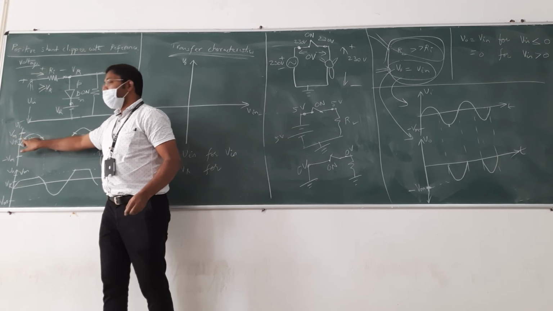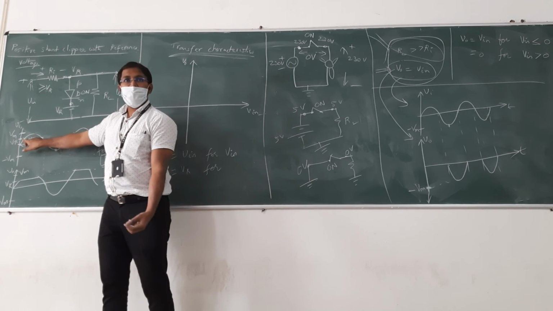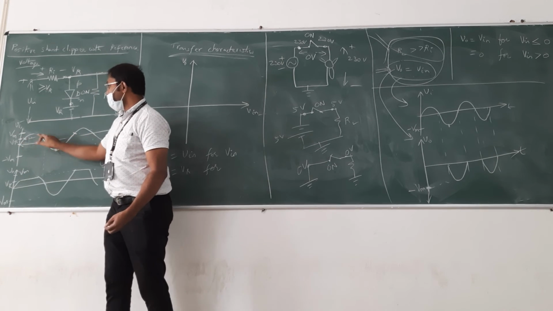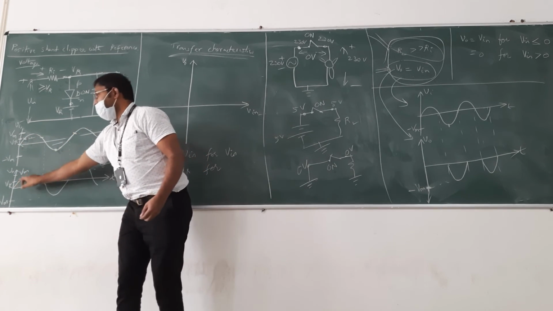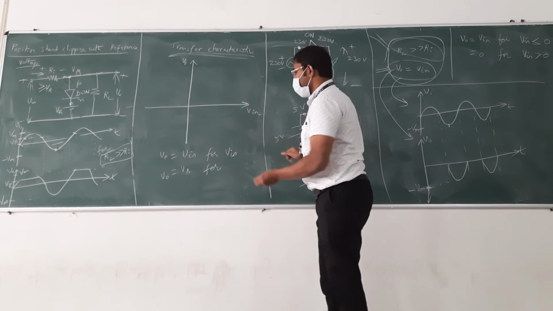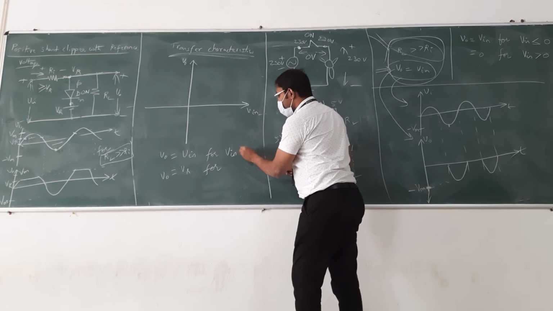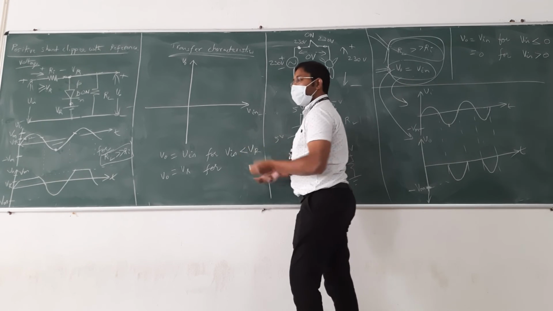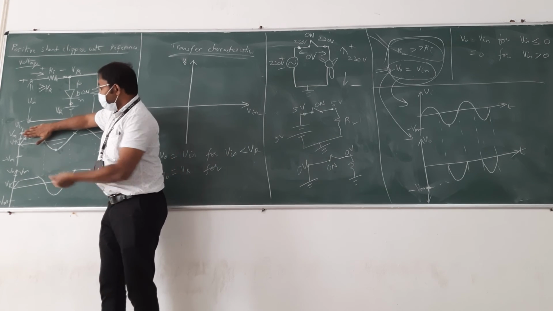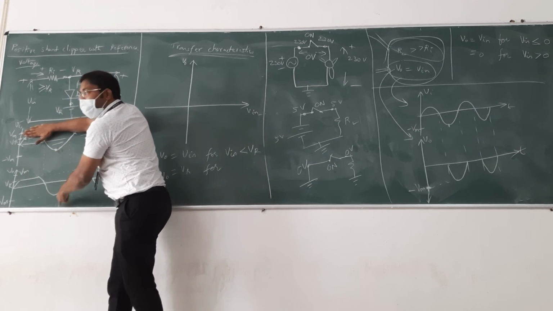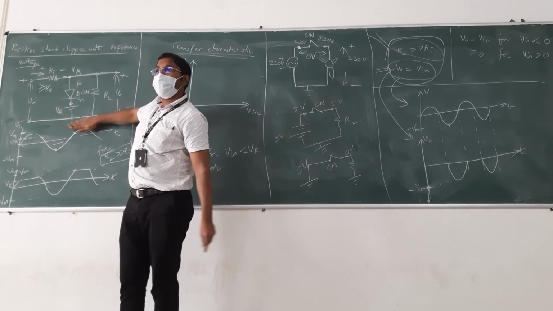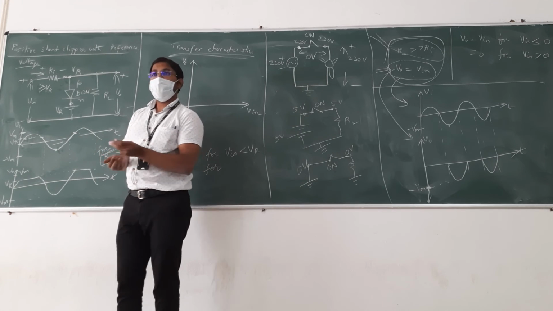As long as input voltage is less than Vr, in this part the output is the same as the input. So what should I write here? Less than Vr. Observe the waveforms. From the waveforms you can see clearly, less than Vr, input and output are the same.